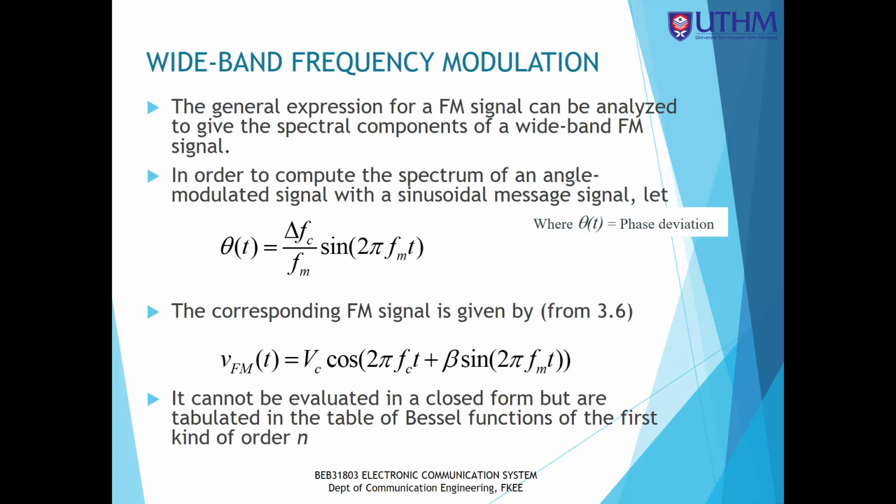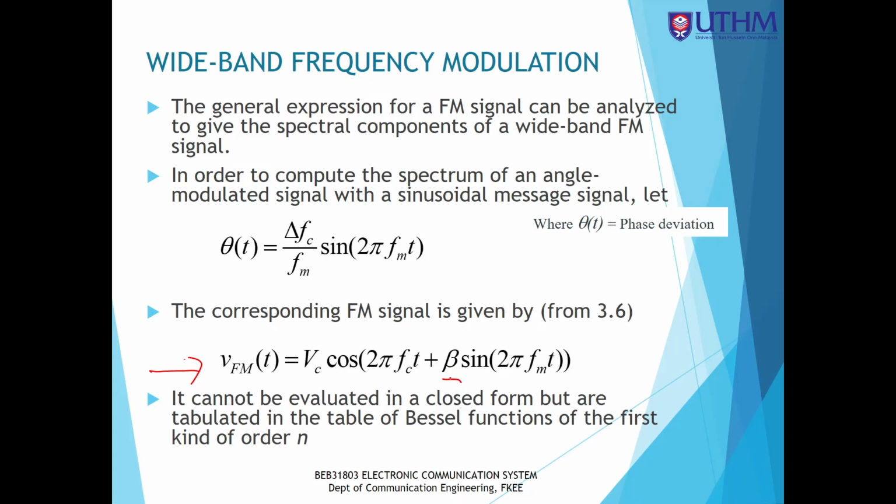So what about the wide band? Wide band FM means that the bandwidth is bigger or wider. So from the general equation, we see Vc cos 2 pi Fct plus beta sine 2 pi Fmt.